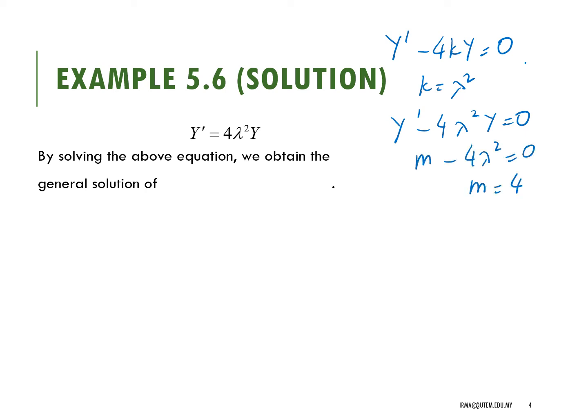So m equal to 4 lambda squared. You only have one root because this is linear. One root, which is 4 lambda squared. If you use the same method as in the previous example, you can have Y equal to C3 e^(4 lambda squared y).